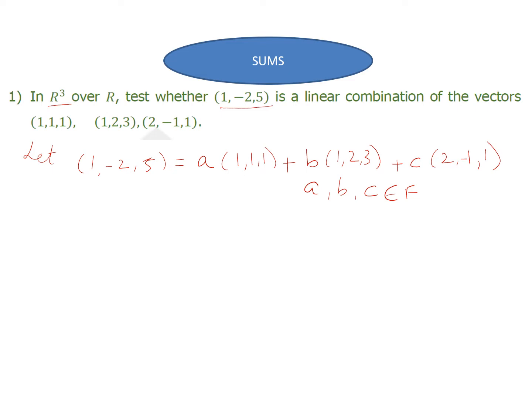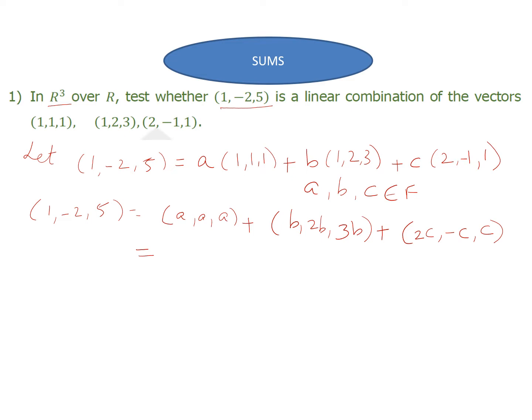Now, whenever we write (1, -2, 5) equal to this, it means (1, -2, 5) is equal to: we multiply all elements of (1, 1, 1) by A, so it becomes A, A, A, and then the next is B, 2B, 3B. All elements get multiplied by B, and all elements of the third vector get multiplied by C. Now I am going to add all the three vectors.